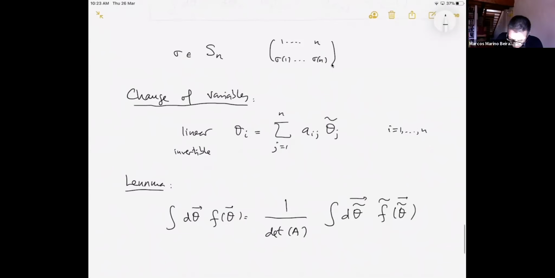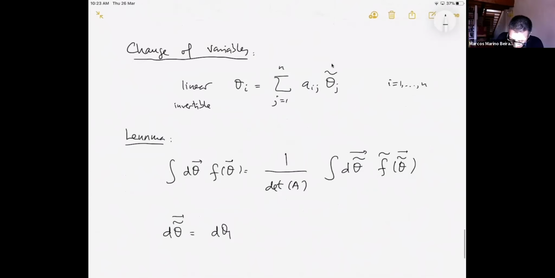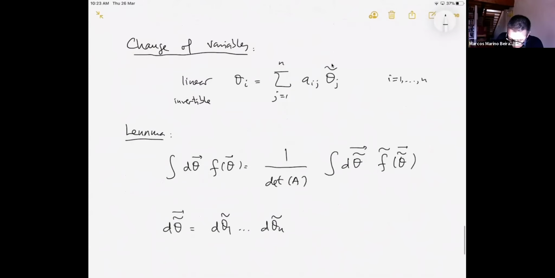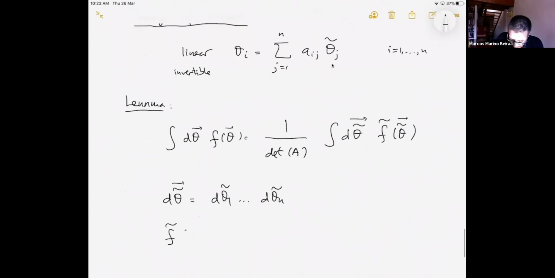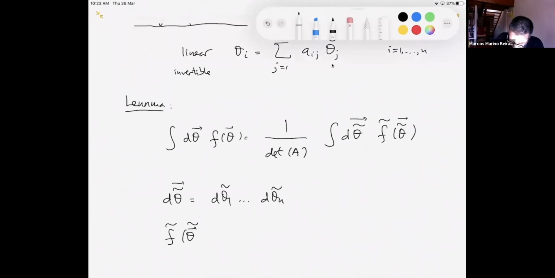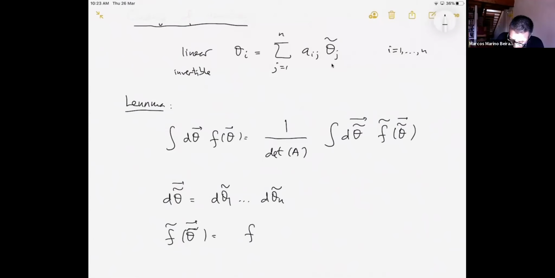Just to understand the notation, d theta twiddle is the measure for the theta twiddle variables, and f twiddle of theta twiddle, or actually the other way around. It's just the same function, but re-expressed in terms of the theta twiddles.